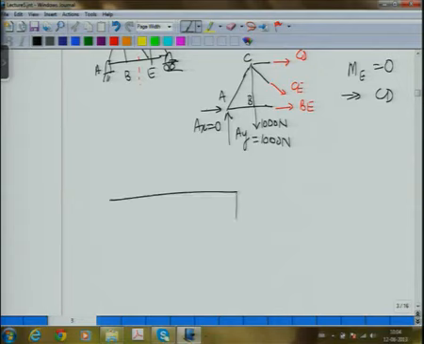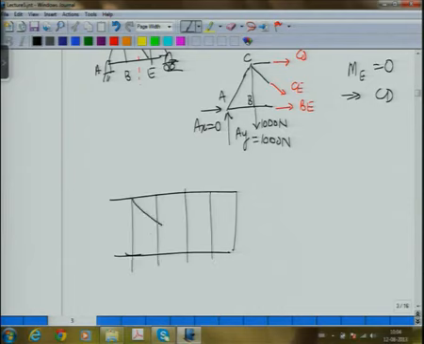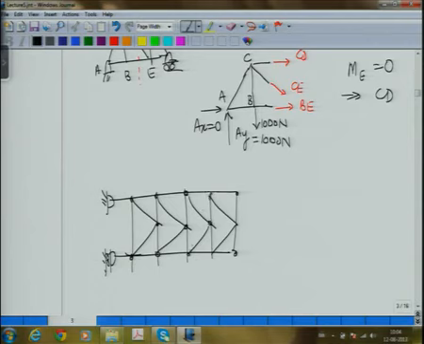For example, sometimes you may find in a truss, even if I don't show all these joints, this is what is termed as a K truss.